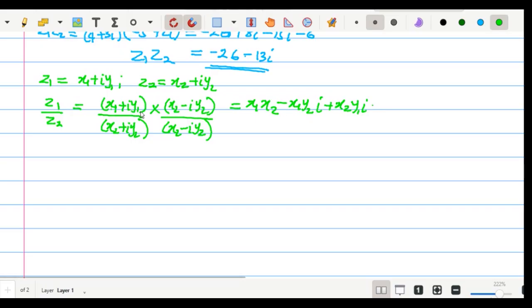If we multiply iy1 and minus iy2, we are going to have plus y1 y2. Multiplying x2 and x2 in the denominator, we're going to have x2 squared. Then multiply x2 by minus iy2, we're going to have minus x2 y2i, plus multiplying iy2 by x2, we have x2 y2i again, then plus multiplying iy2 and minus iy2, we're going to have y2 squared, right?